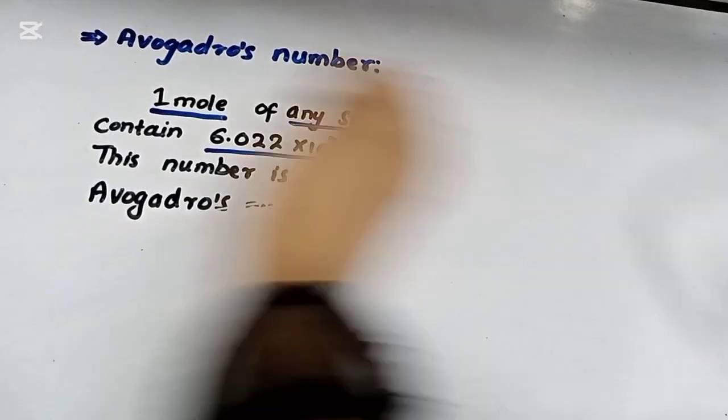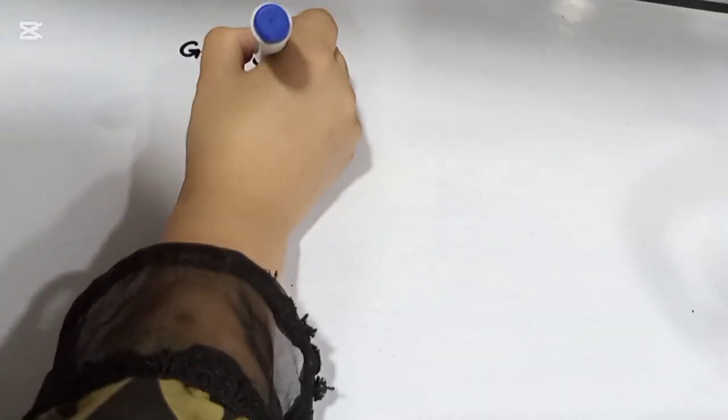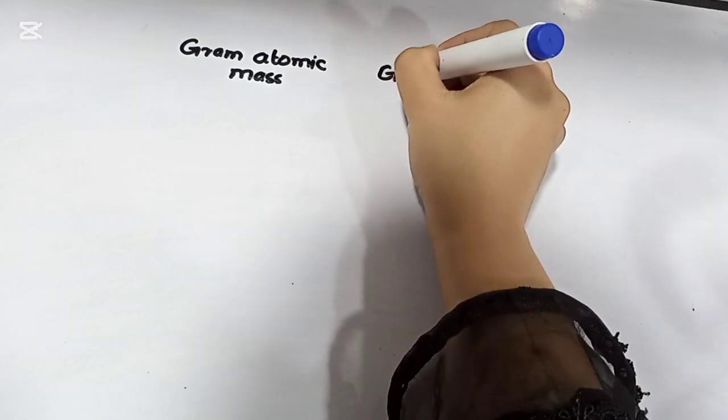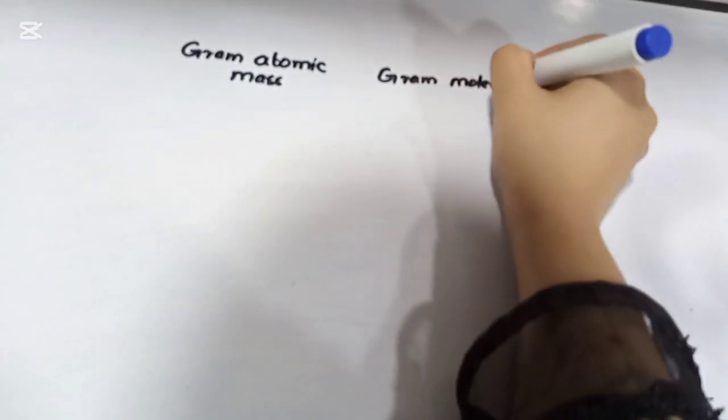It is used for convenience because atomic particles are so small that we can't count them, so we use the standard value of 6.02 × 10^23.